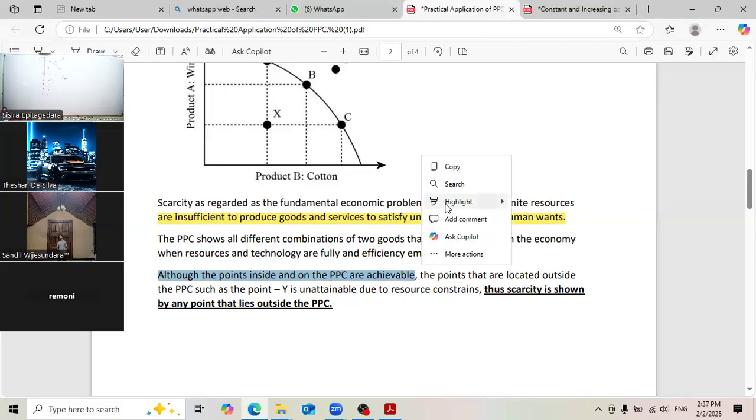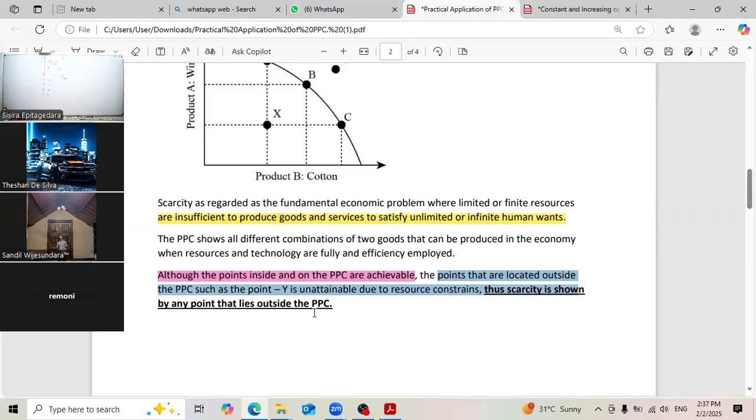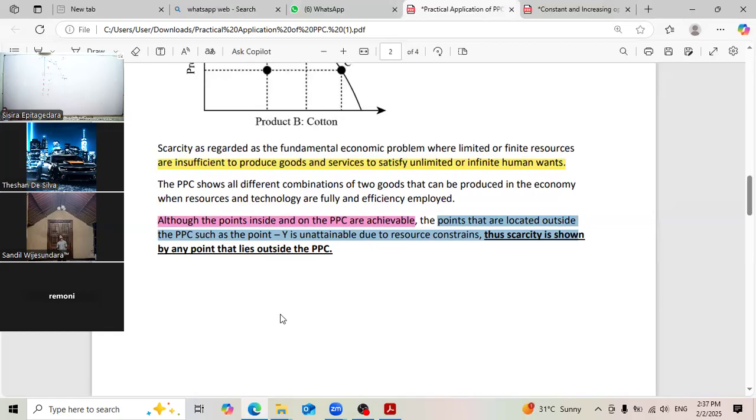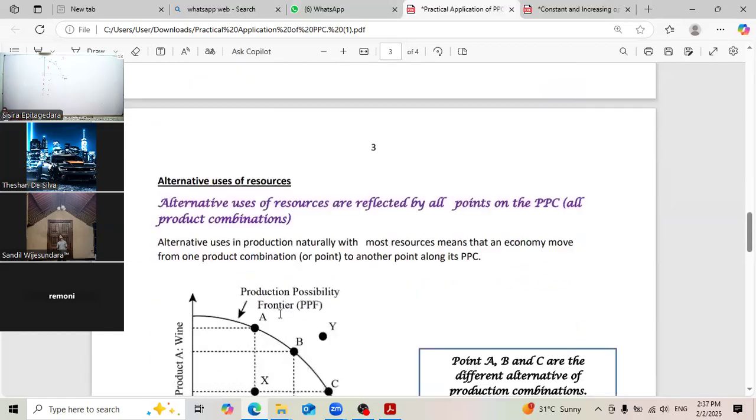The points that are located outside the curve, highlight, Lamai, such as point Y, are unattainable due to resource constraints. Thus, scarcity is shown by any point that lies outside the PPC curve. Clear, Lamai? Clear or not?